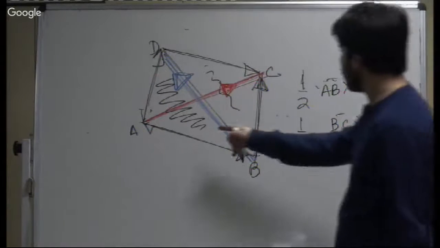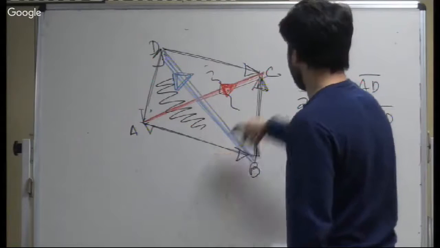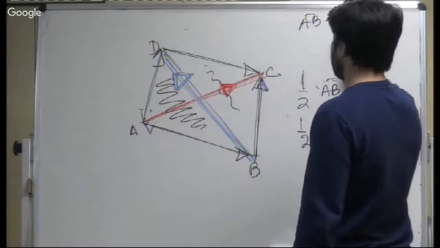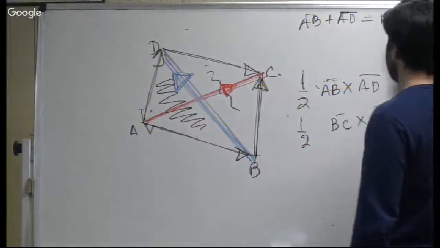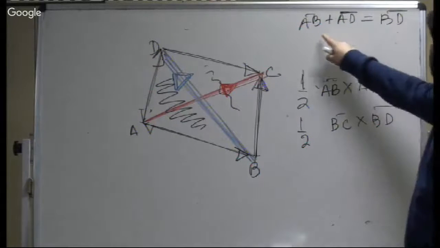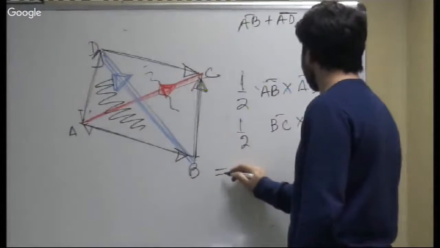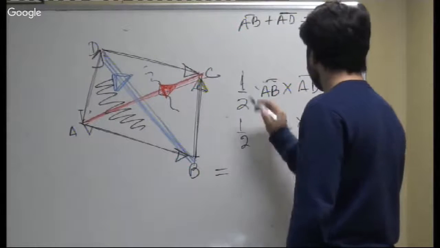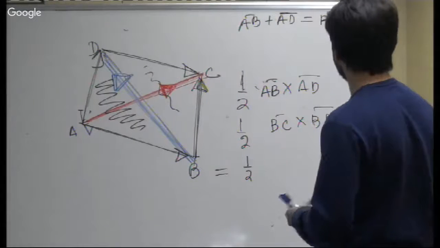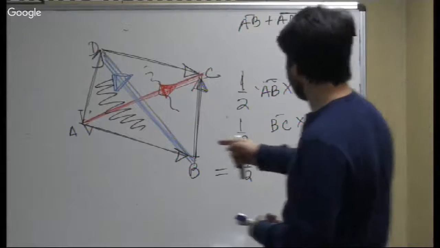Now tell me this, AB plus AD turns out to be BD, right? So I can say that I need to remove AB from here.